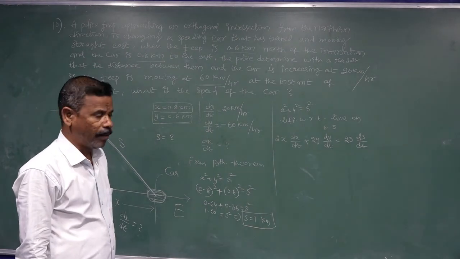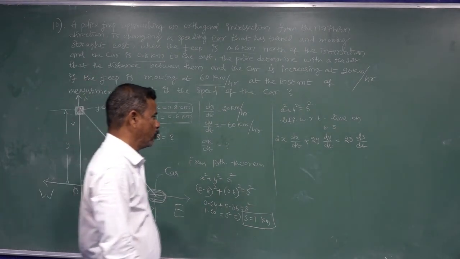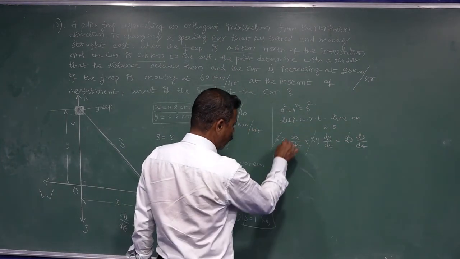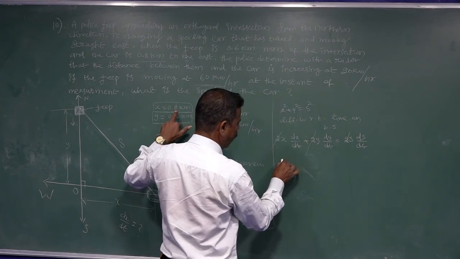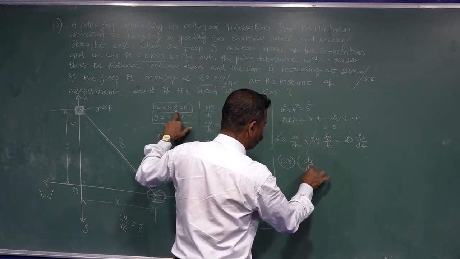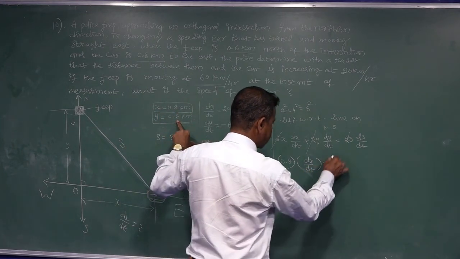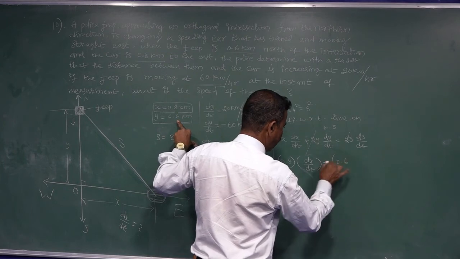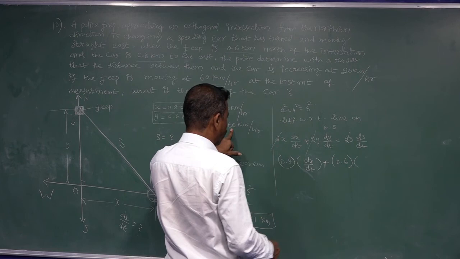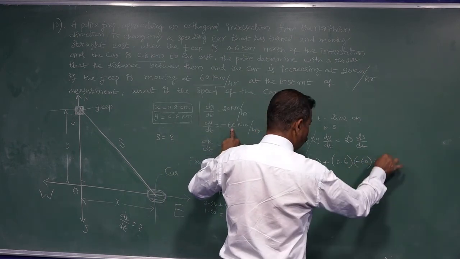Here x, y, s are all variables. Both sides, the 2 cancels. Now x is 0.8, and dx by dt we don't know; we find this. Plus y, which is 0.6, into dy by dt, which is minus 60 km per hour, is equal to s value 1.